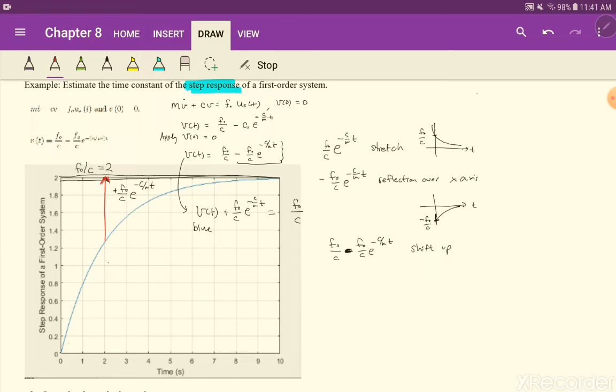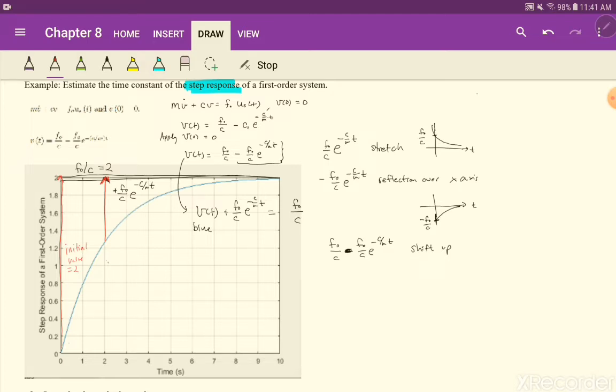So when you look at the red arrow, the initial value was 2. What percent was it? 37% of 2. So 37% of 2 is 1.5.